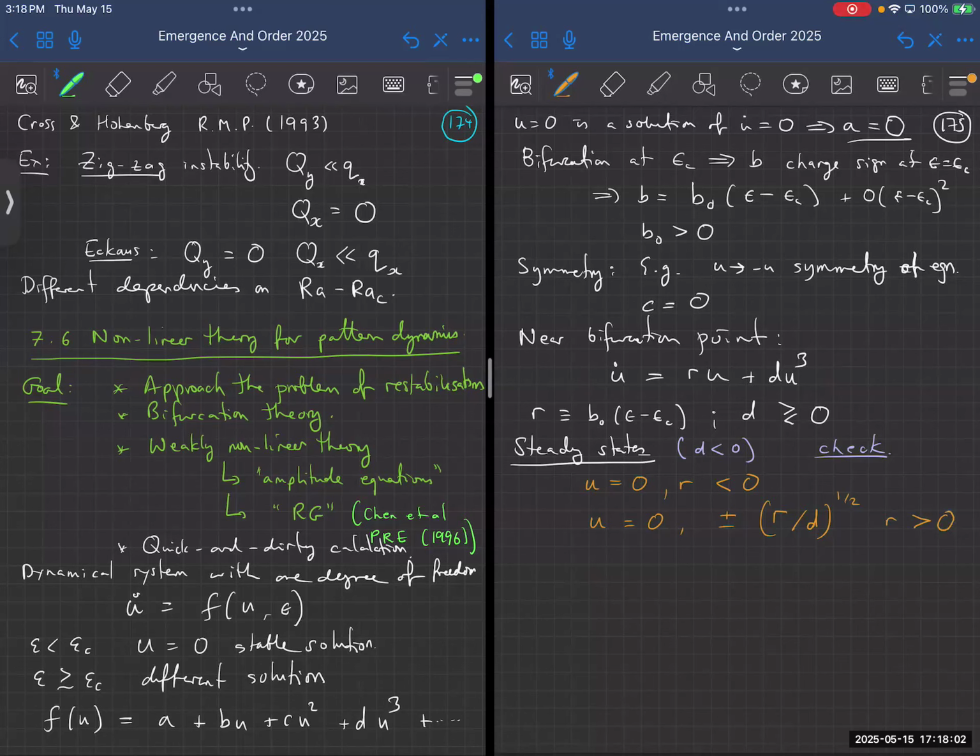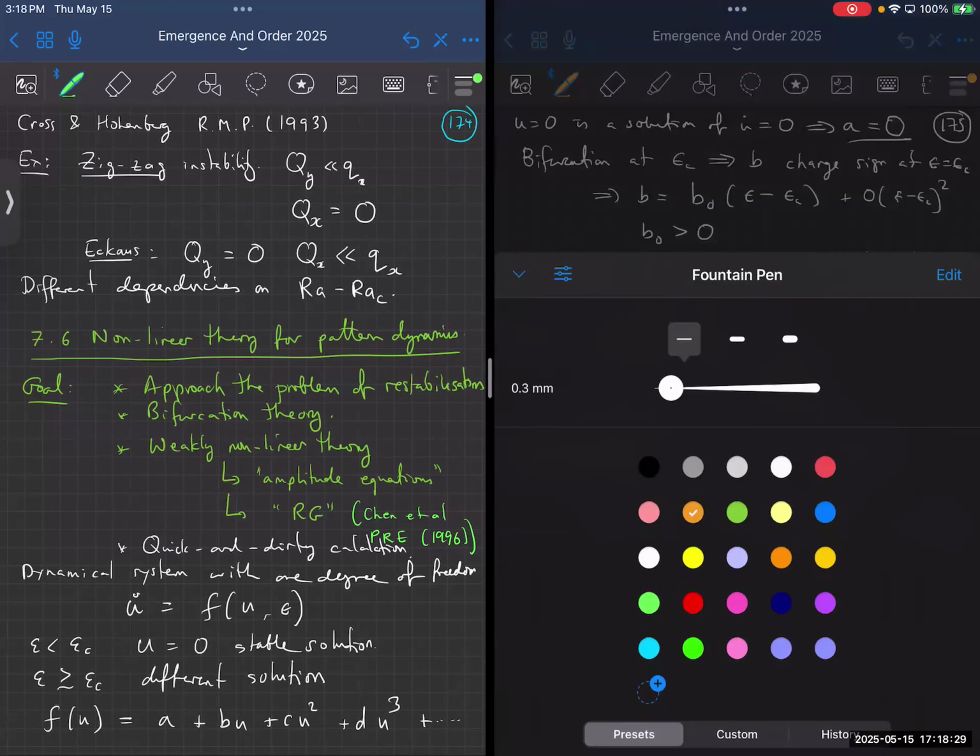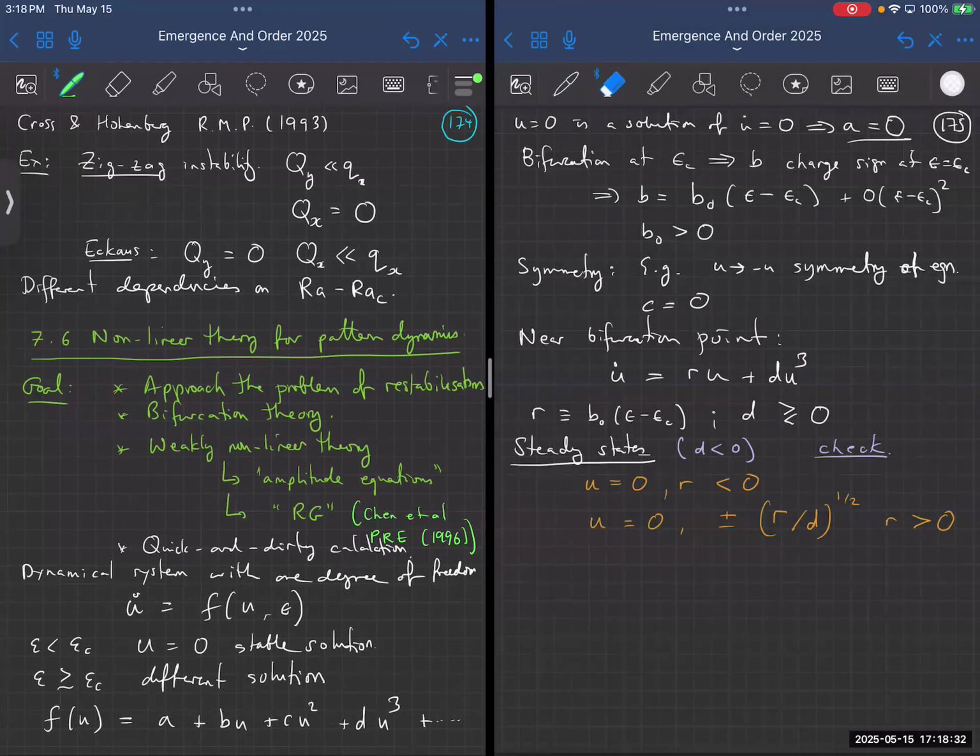The reason I got confused was I originally defined R to have the opposite sign. So here, as I increase epsilon, I go into the ordered phase, right? So R being positive, to have the solution I need D to be positive. So this is definitely not correct. Do you agree with me that this should be D greater than 0? Yeah. Thanks. Okay, so that's the case when D is greater than 0.